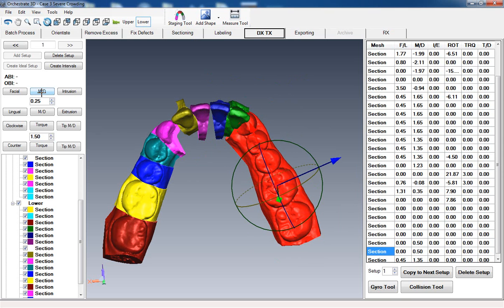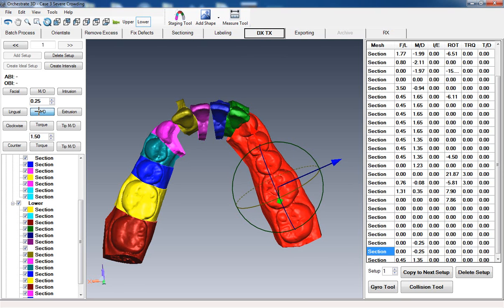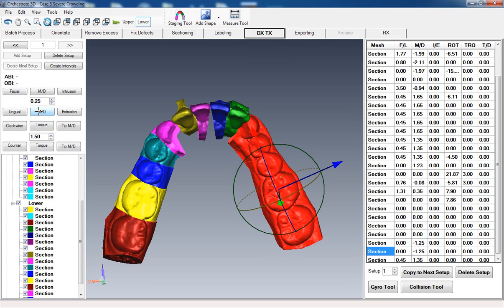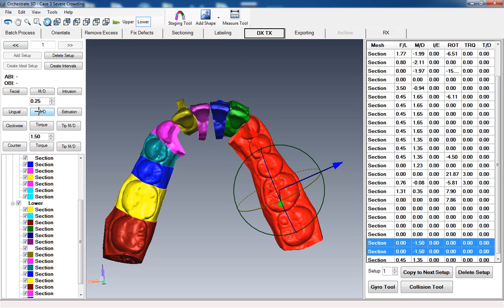So again, I take this tooth, wrong way. I keep distalizing this whole segment until we get a small space distal to that lower right lateral incisor. Okay, almost there.